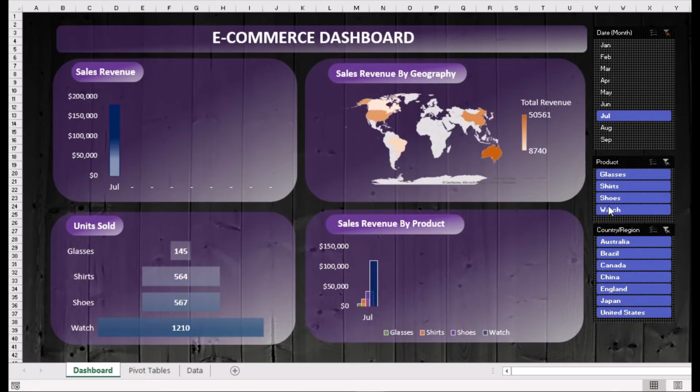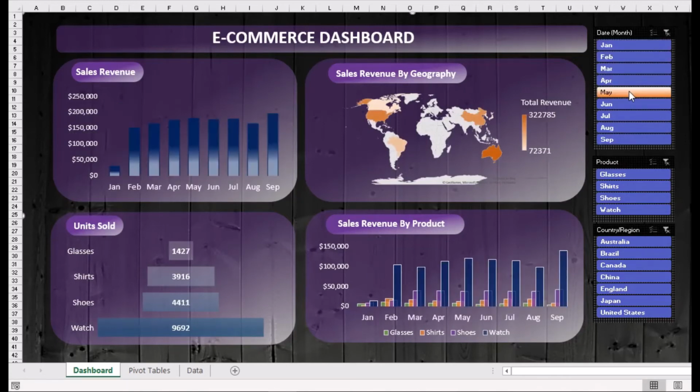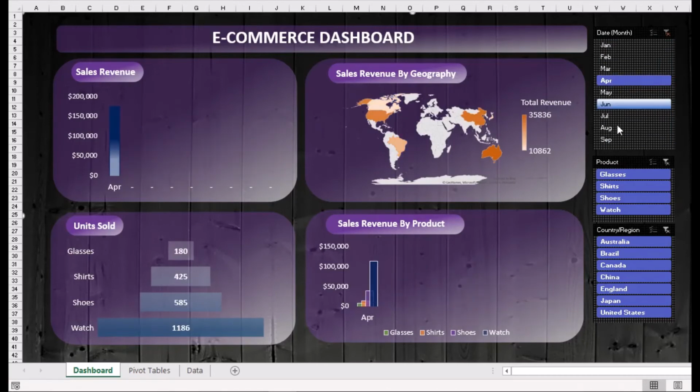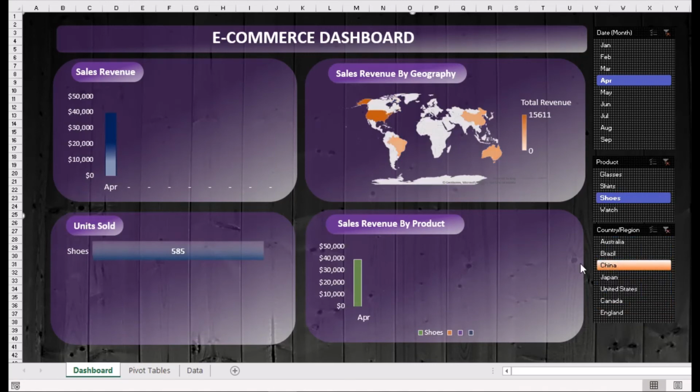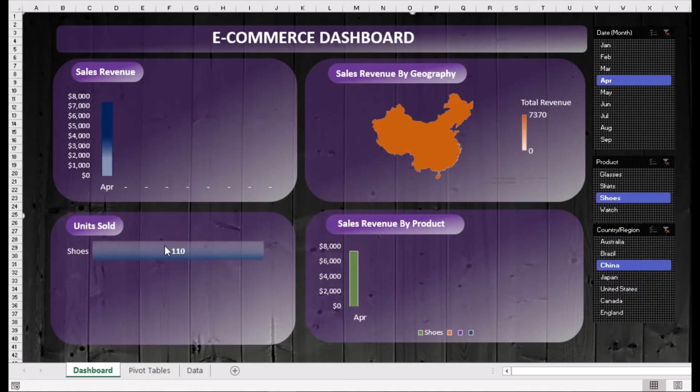Now let's combine all 3 filters together. So first, unfilter it. Alright, let's say in the month of April, how many shoes we sold to China. There you go. We sold 110 units of shoes, and the total revenue was 7,370, and that's the highest revenue.